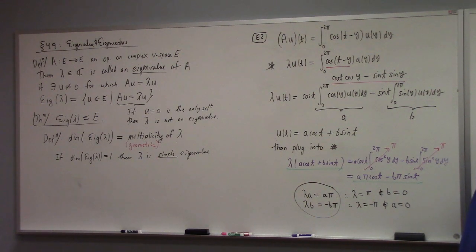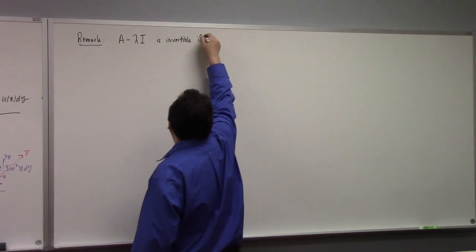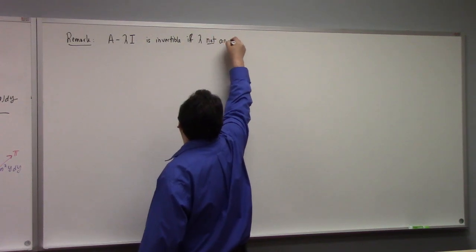A minus lambda times the identity, which I'm going to write like this. He keeps writing it with his funny scripty eye, but I'm going to use this for the identity operator, if that's okay. This is invertible if and only if lambda is not an eigenvalue.